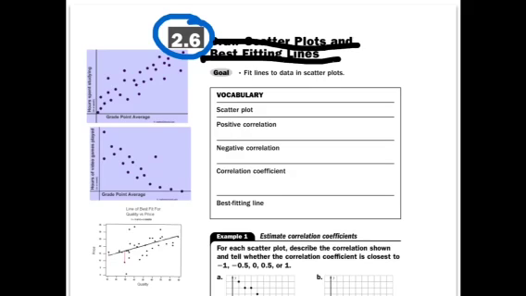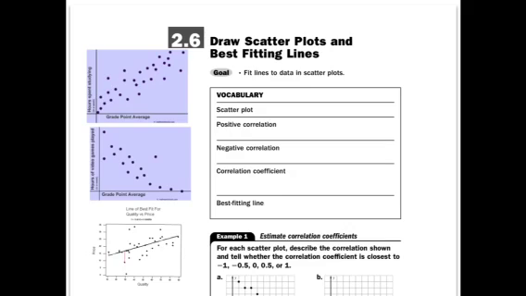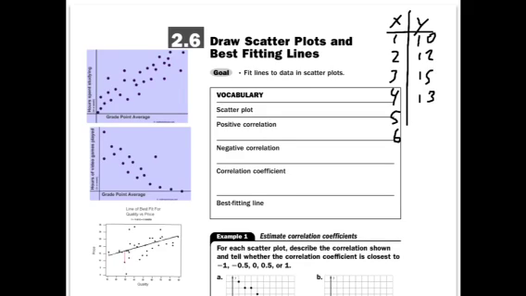Alright. We're talking about lines of best fit, and when we're talking about lines of best fit, we're talking about scatter plots. If you remember, scatter plots come from t-tables where we have x's and y's, maybe 1, 2, 3, 4, 5, 6, and then 10, 12, 15, 13, 18, 25, whatever.